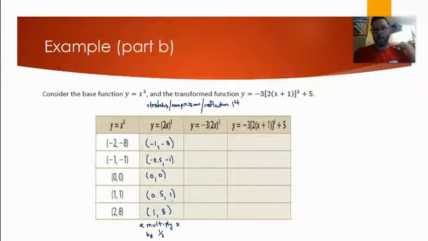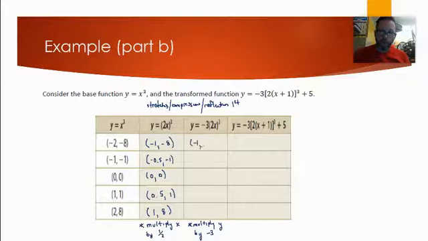All right, now we're going to apply the vertical stretch and reflection. We're going to take those points and scale them by -3, which will reflect and stretch them vertically. Because this affects the y values, we're going to multiply y by -3.